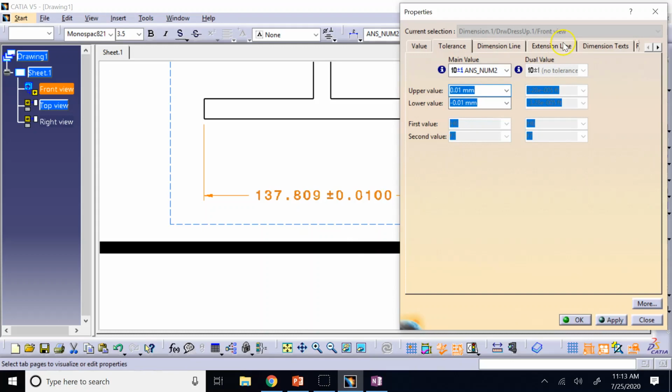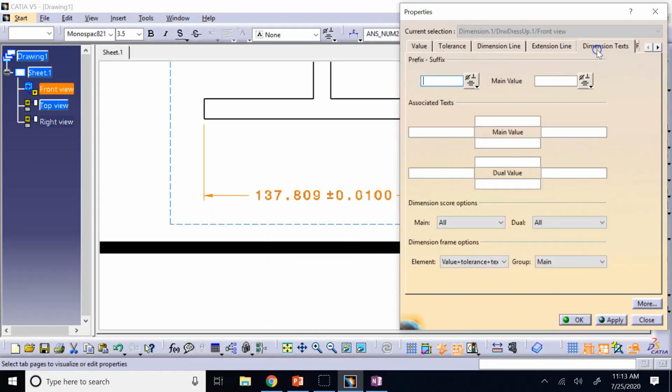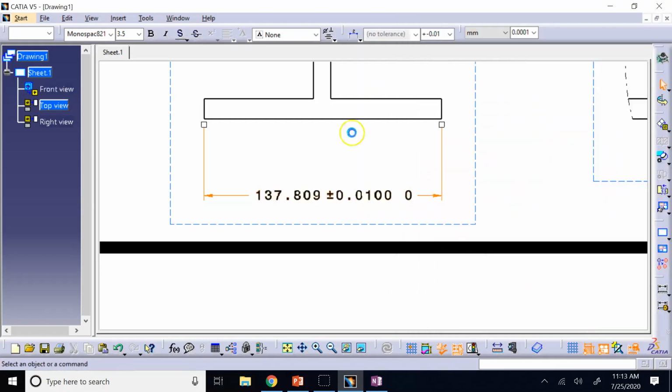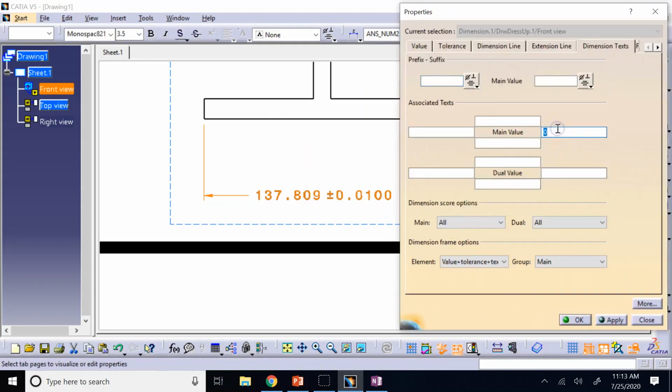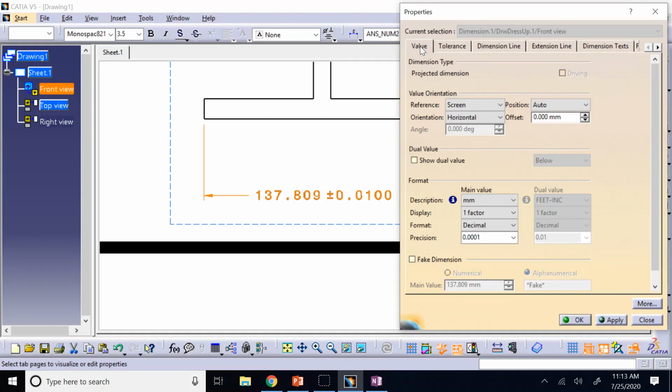So dimension text, main value. Let's see, can I add a 0 just like this? I don't think so, but yeah. No, it's going to be after. So I'm showing it with 3 zeros for values. Precision is that much.